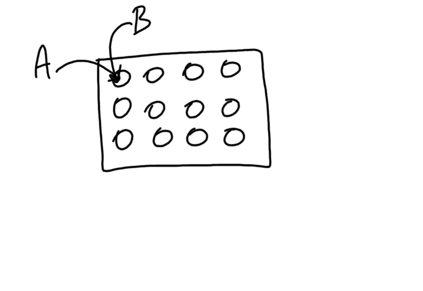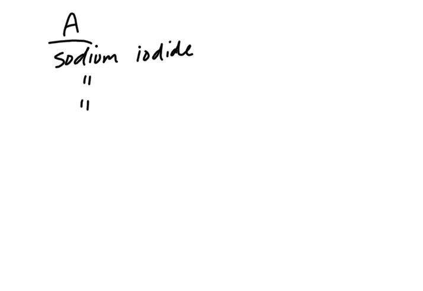I said 4, but you're actually getting 5 different A's and 5 different B's. And what those A and B's are, I'll go ahead and write them out for you. In our A category, all of A's are sodiums.